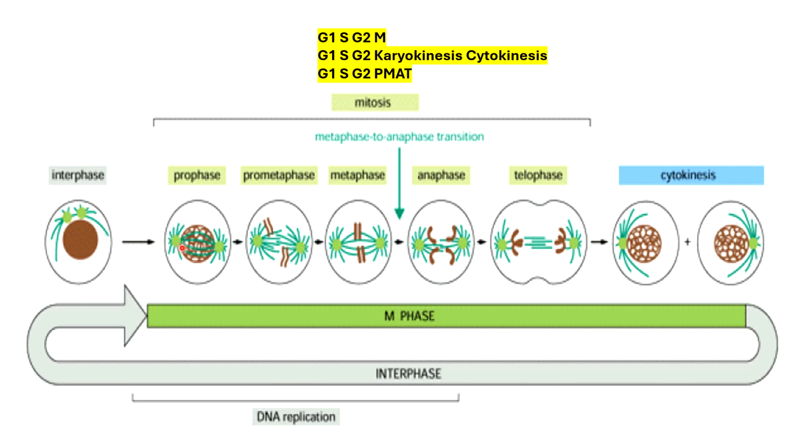The first stage is prophase. What happens in prophase? The nuclear material starts to condense, the nuclear envelope starts to disintegrate, and organelles such as the Golgi body, endoplasmic reticulum, and nucleolus start to disintegrate.